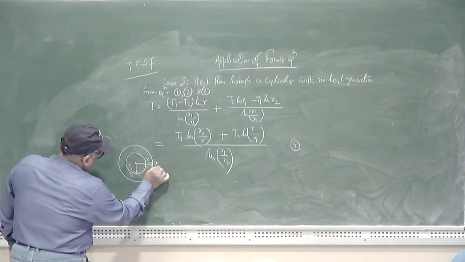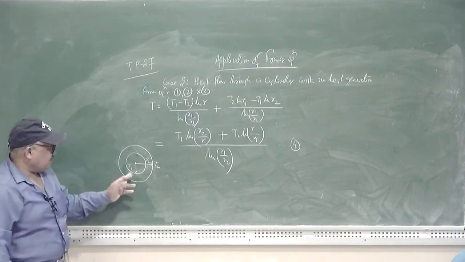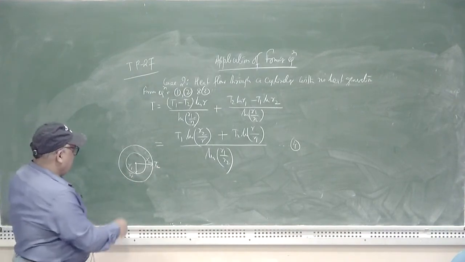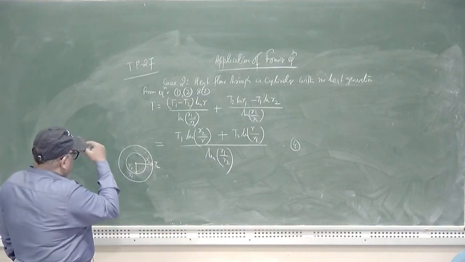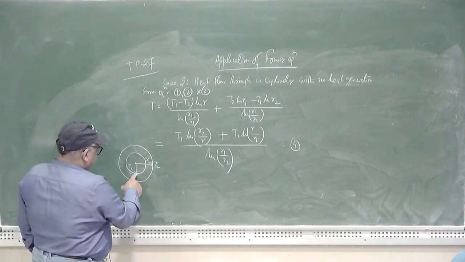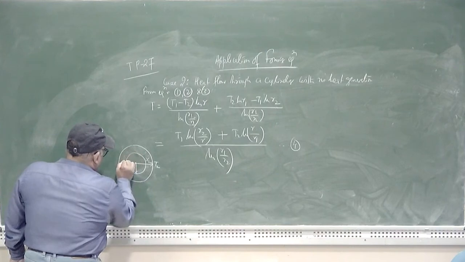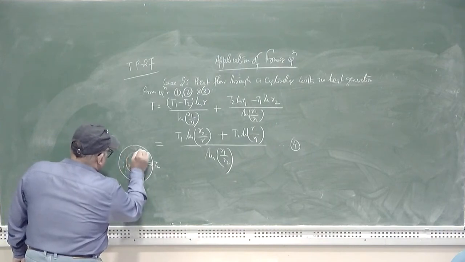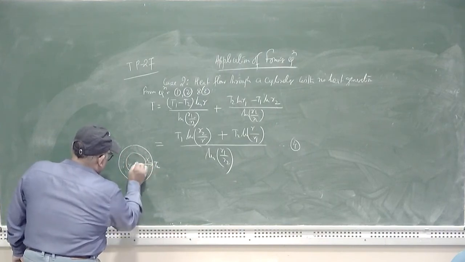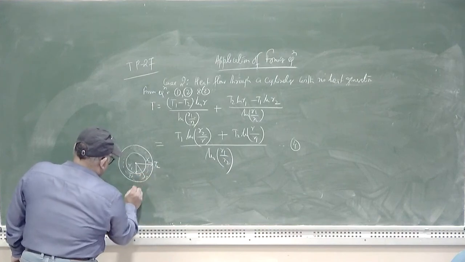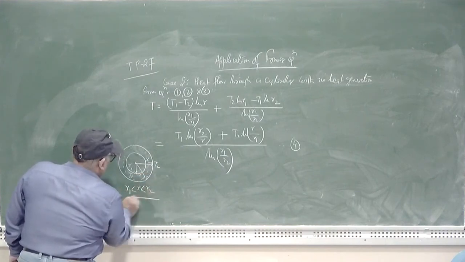This has the temperature T2. If the heat flow is taking place from the inner wall to the outer one, T1 is greater than T2, and if I assume a hypothetical cylindrical surface at a radius r, which is at temperature T, then R1 is less than R, which is less than R2.